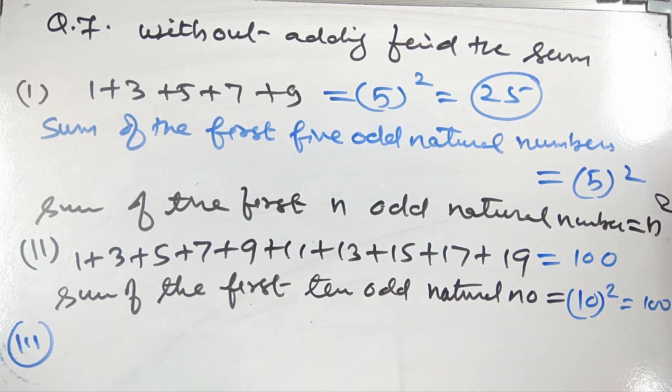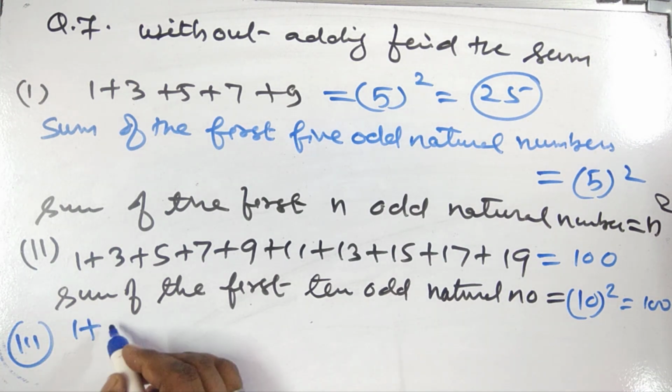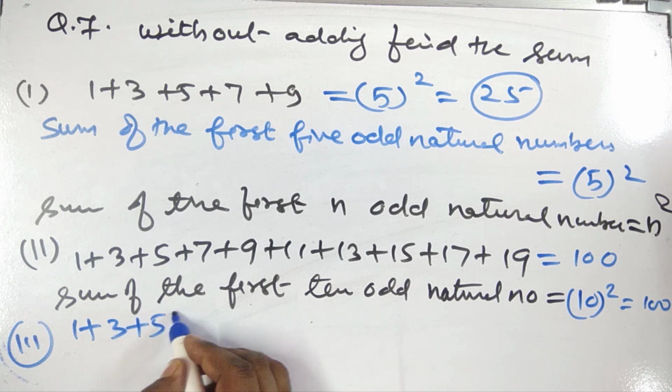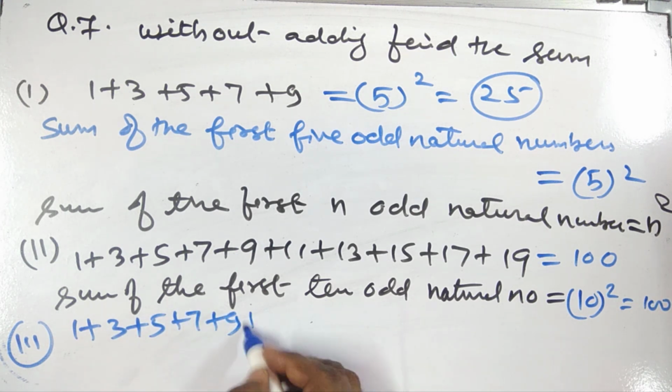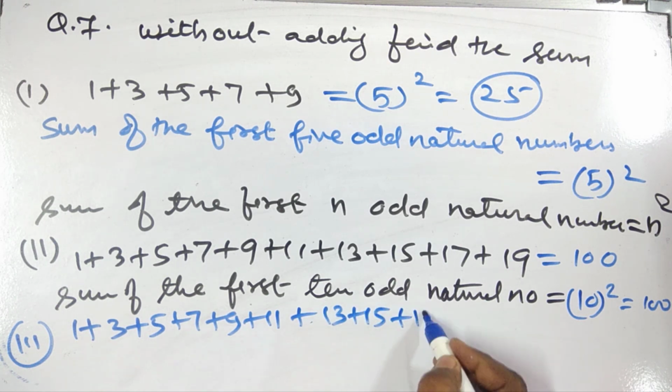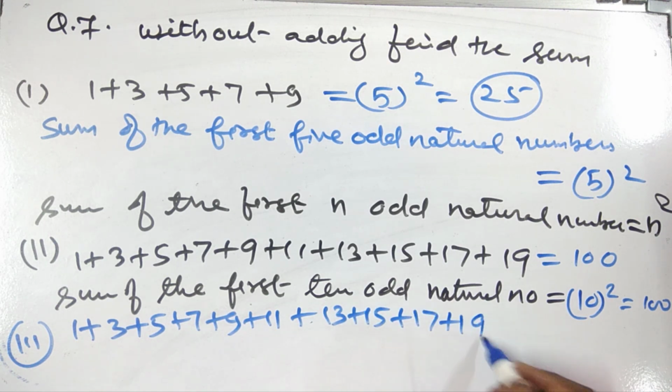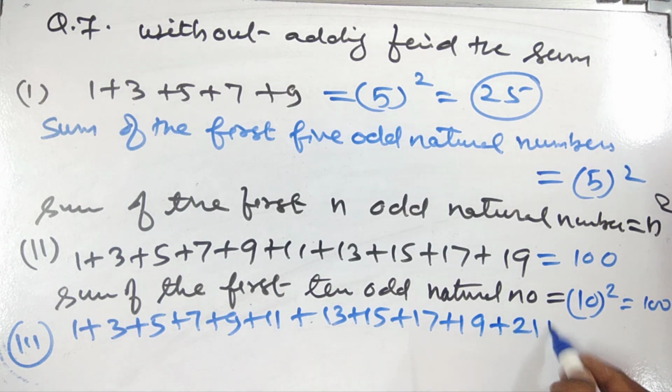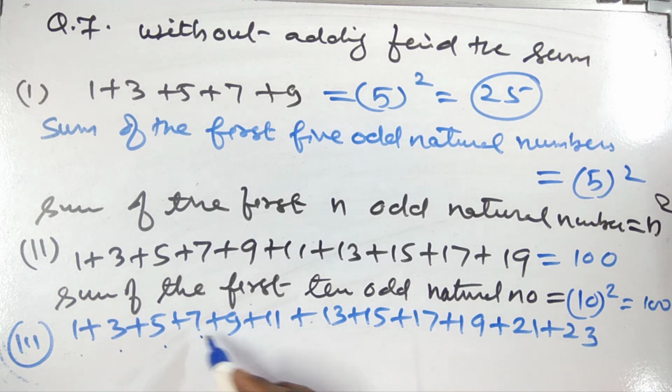Then third one, students: 1 plus 3 plus 5 plus 7 plus 9 plus 11 plus 13 plus 15 plus 17 plus 19 plus 21 plus 23 is equal to. So the sum of the first 12 terms, students: 1, 2, 3, 4, 5, 6, 7, 8, 9, 10, 11 and 12.